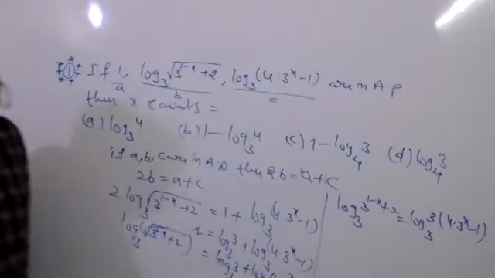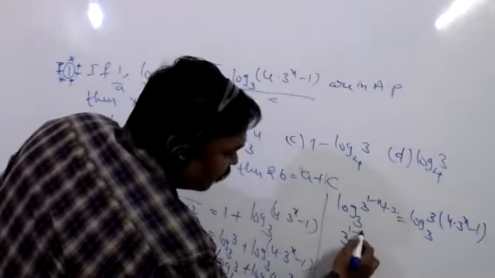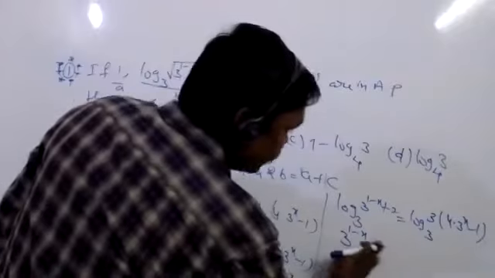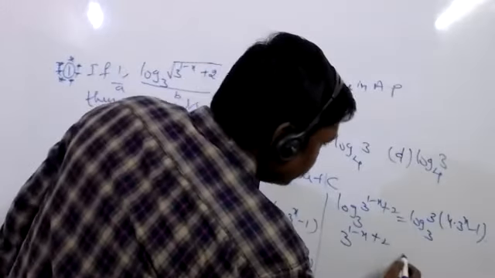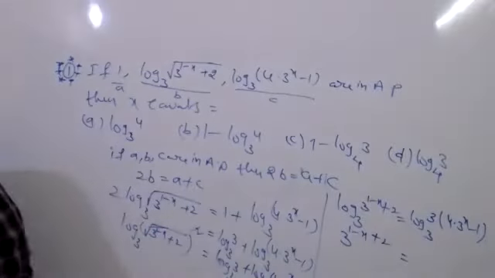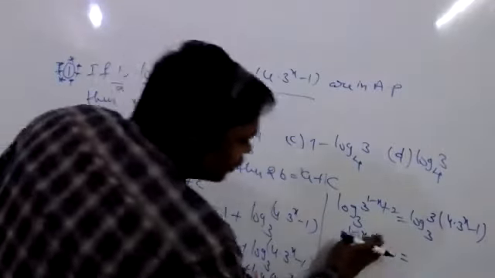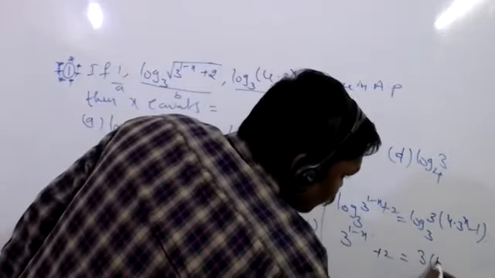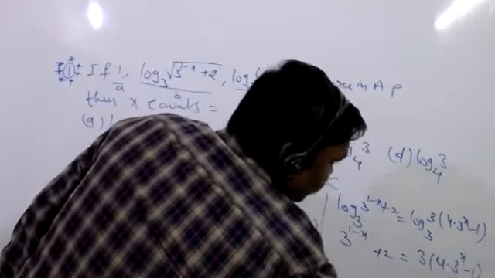Okay. Then 3 power 1 minus x plus 2 is equal to 3 into 4 into 3 power x minus 1.